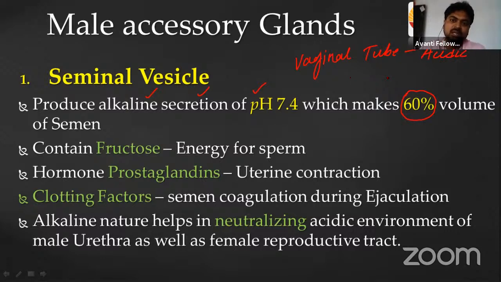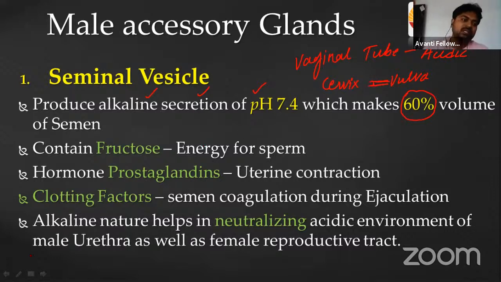The outer part of the female reproductive system is known as the vulva, and the inner part is known as the female reproductive inner part. It has different parts, for example the uterus and the cervix. From the vulva to the cervix, there is a tube-like structure, and in this tube the penis gets inserted.